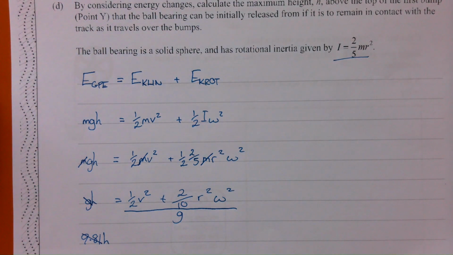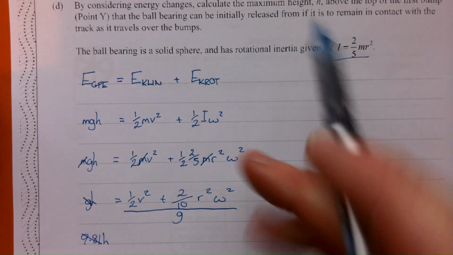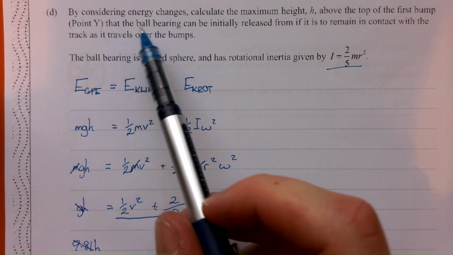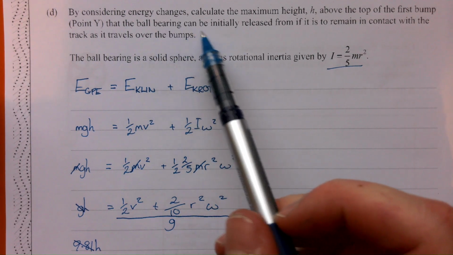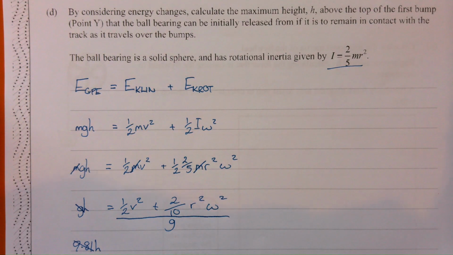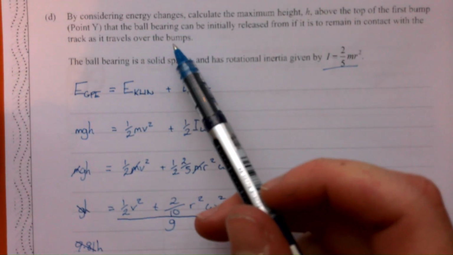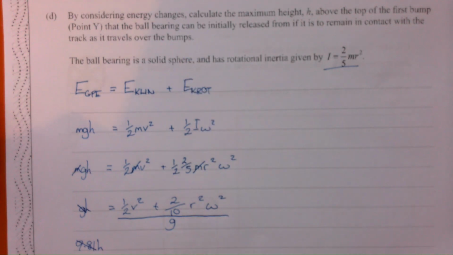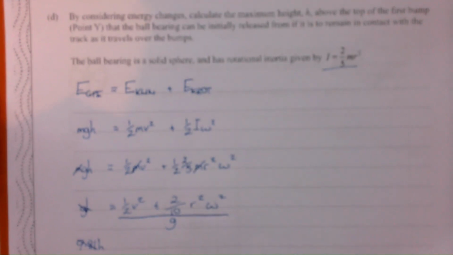We have quite a complicated expression. We do know most of the values. Now we're told in the question that this is the moment that it's the maximum height, therefore the maximum velocity the ball can have as it goes over the bump to remain in contact. So let's put it back into focus.